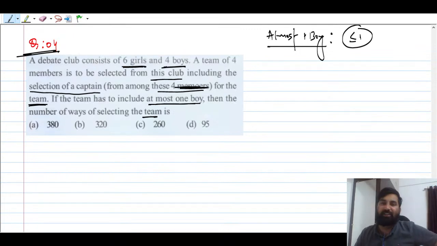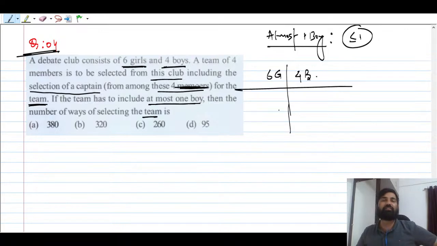So can somebody tell me here, guys, what will be the condition here? So let me form here. Suppose you have 6 girls and 4 boys, but they have given the condition here that the team should include at most 1 boy, you can say maximum 1.